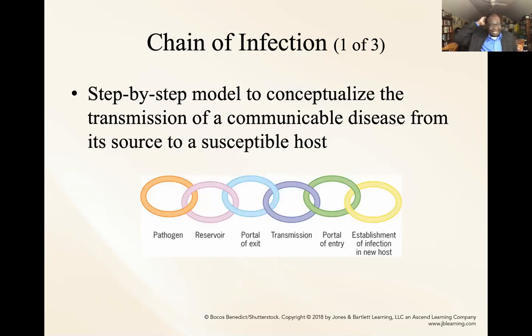You see, here is a step-by-step model to conceptualize the transmission of communicable disease from its source to its susceptible host. You think of the pathogen, the agent. This agent lives in a reservoir.